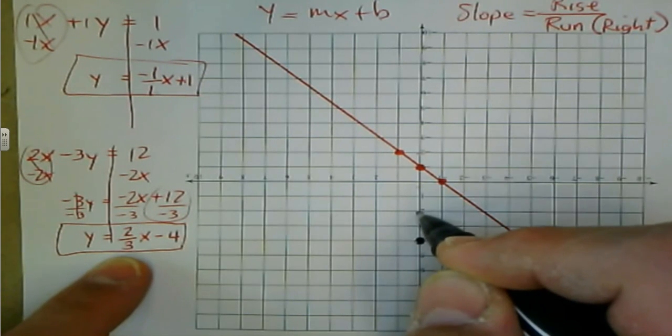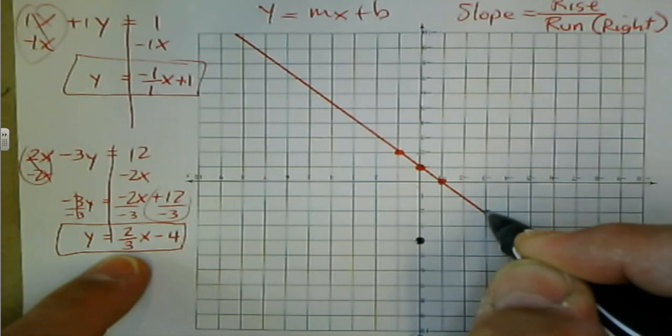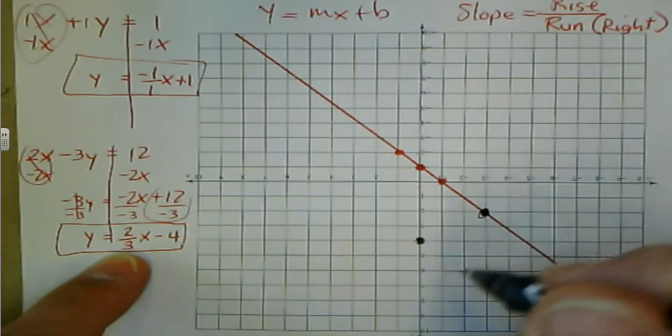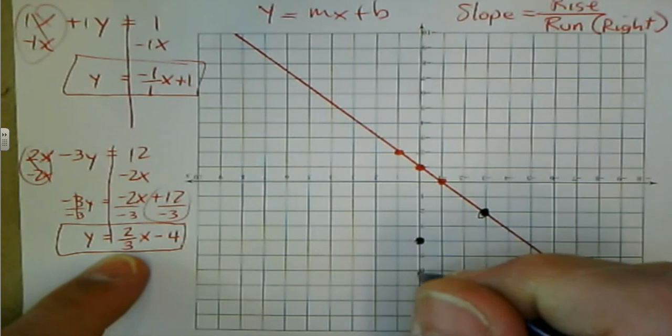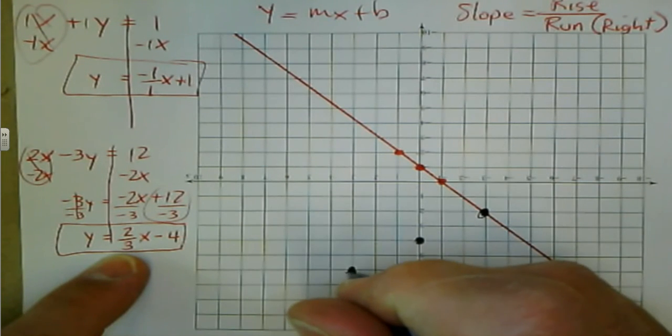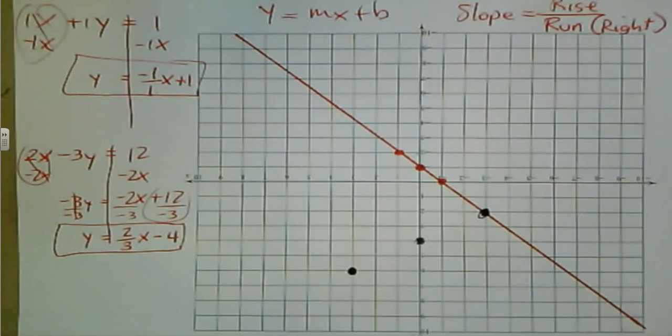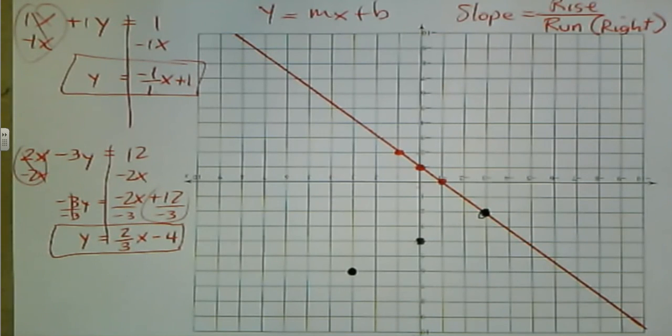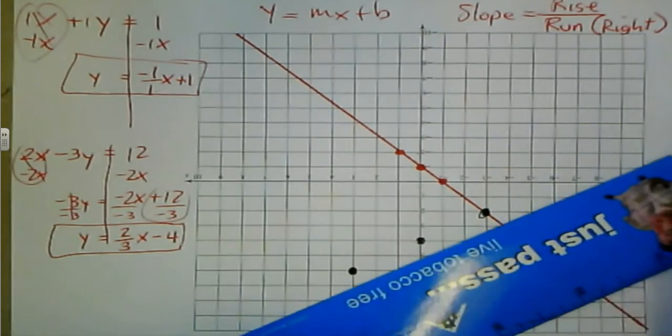So now I'm going to go up 2 spaces, and then I'm going to run 1, 2, 3. All right, do that in reverse: down 2 and left 3. All right, we're going to draw that line.